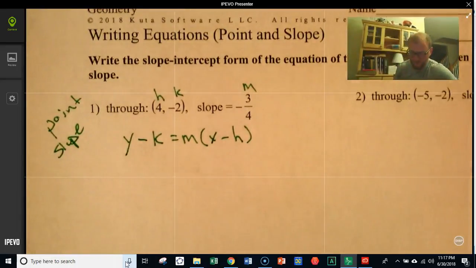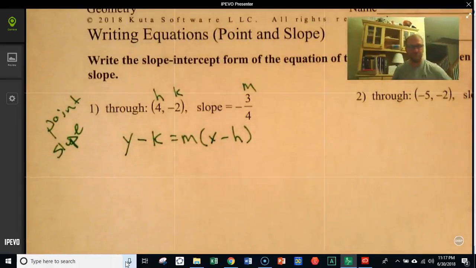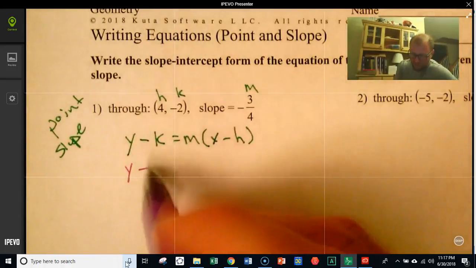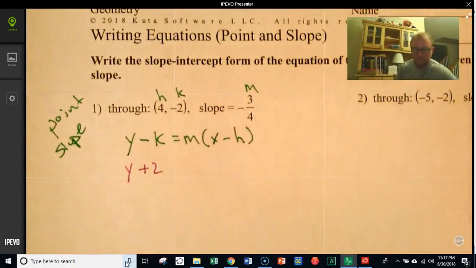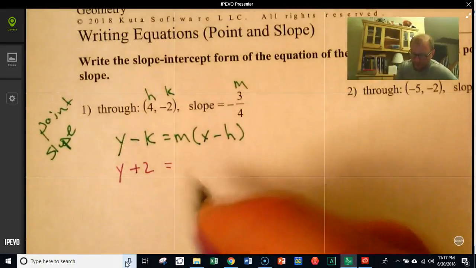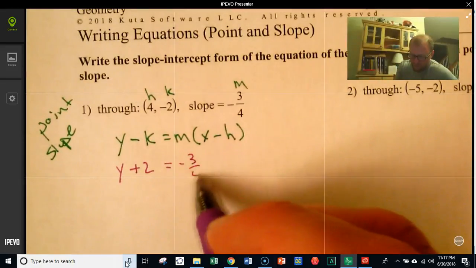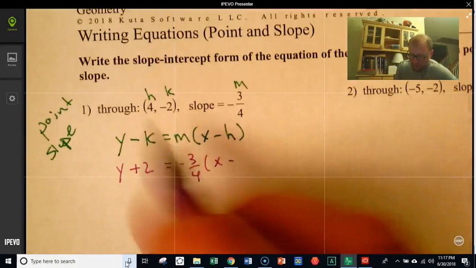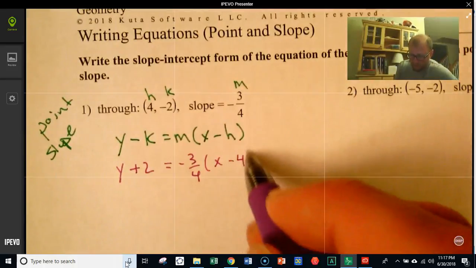And you just fill in the blanks, just like slope-intercept. So here, it's going to be y minus, that's a negative 2, so it becomes plus 2. M is negative 3/4, and then we've got x minus our h, which is 4.